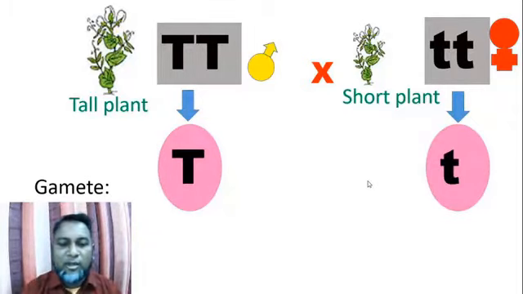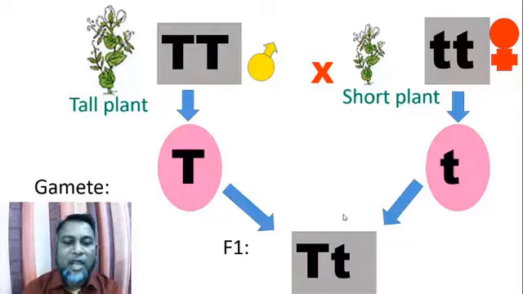In F1, the male and female gametes, this is male gamete, this is female gamete, are fertilized to form hybrid plant having genotype capital T small t.